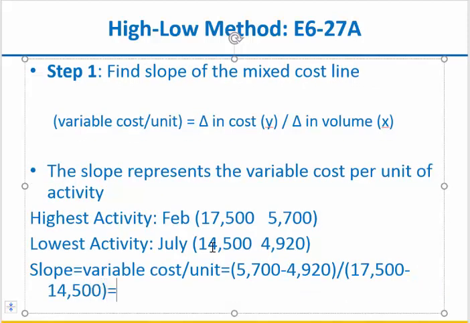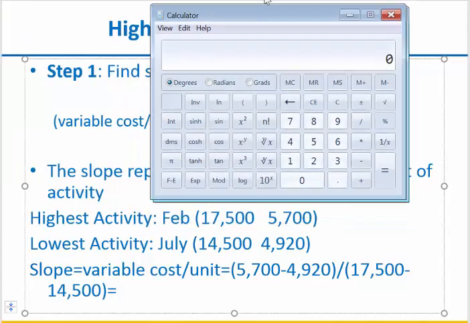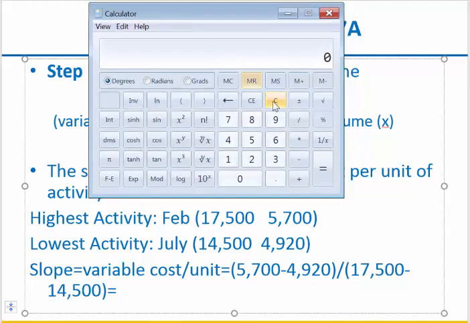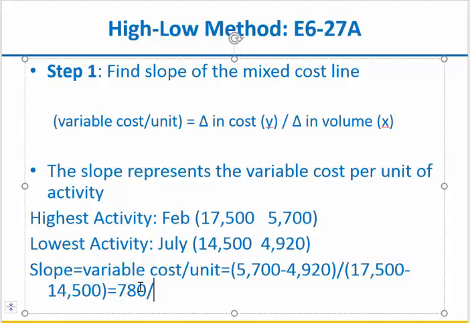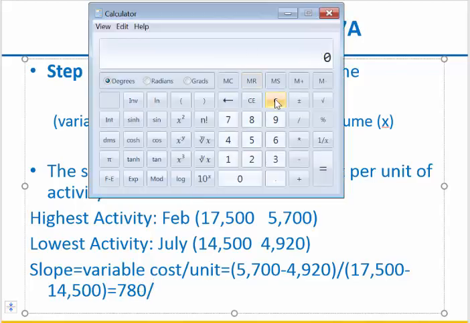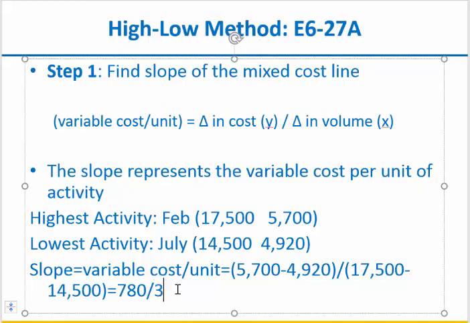Then I'm going to compute the numerator and the denominator so that I can finish my division. Let me get my calculator. 5,700 minus 4,920, I get 780. Then the denominator, 17,500 minus 14,500, I get 3,000.